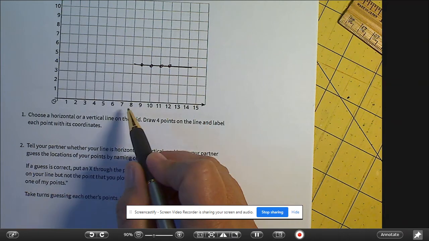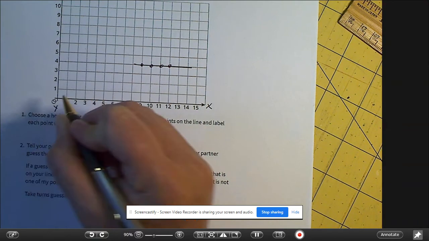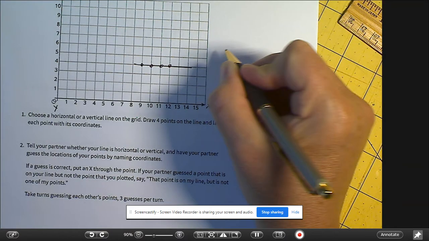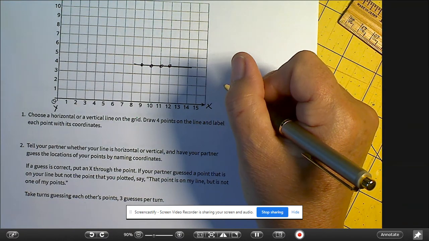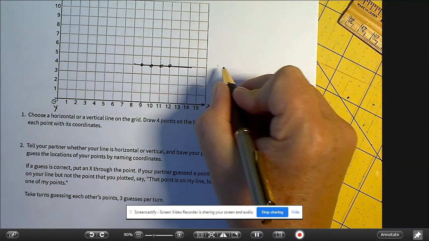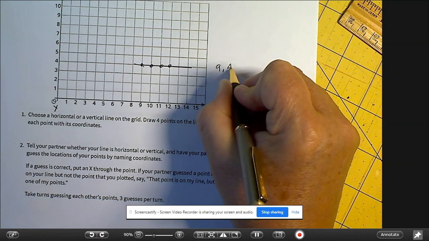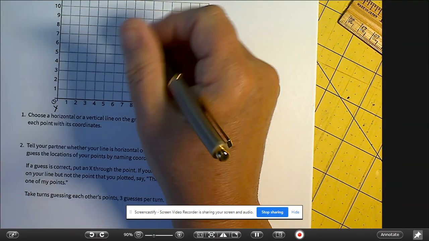So the coordinates, remember this is X and this is Y, and you always do X first. So if I'm going X, this would be 9, comma, 4. That's this one.